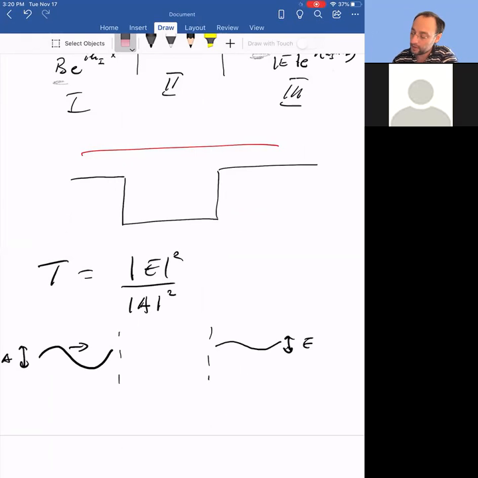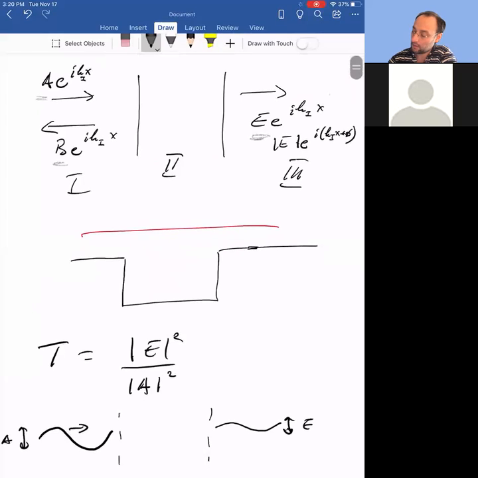So that's what I want to say, that the fact that transmission probability is less than 1 in terms of these waves, just by definition, means that the magnitude of this outgoing wave is smaller than the magnitude of the incoming wave.